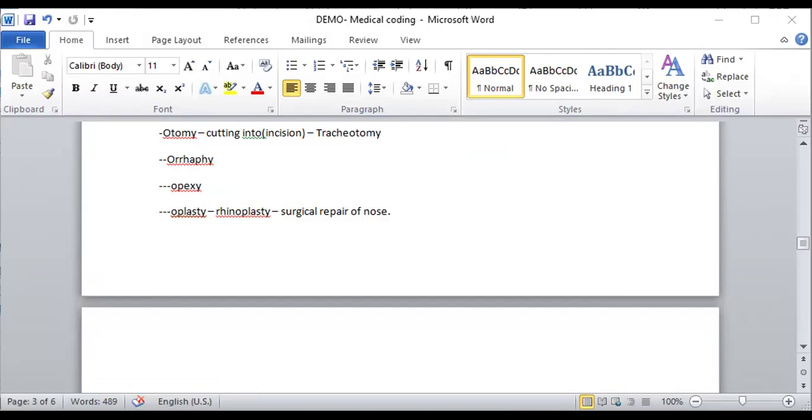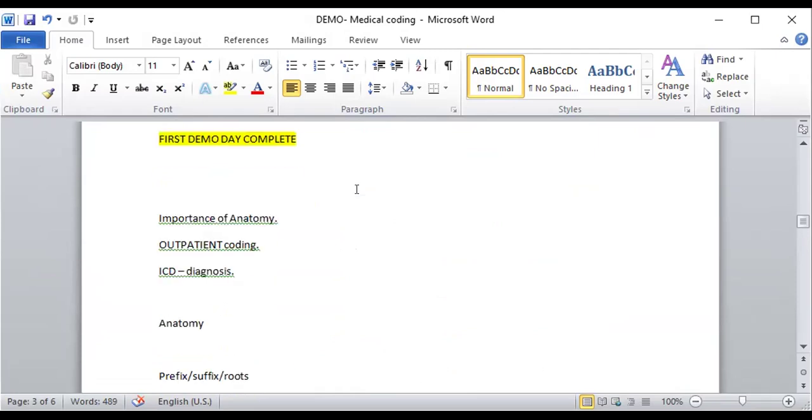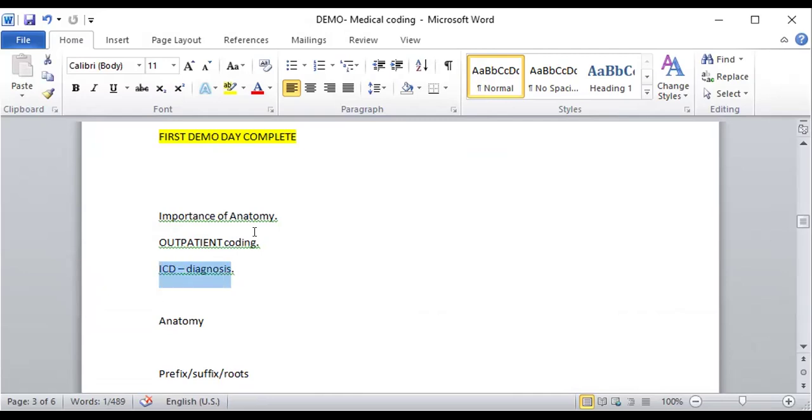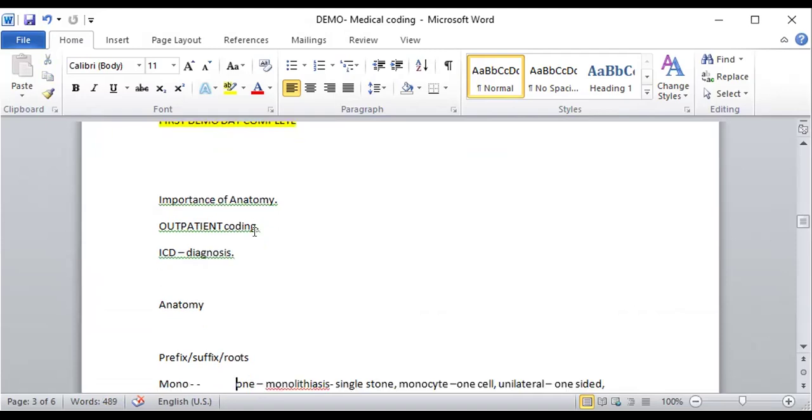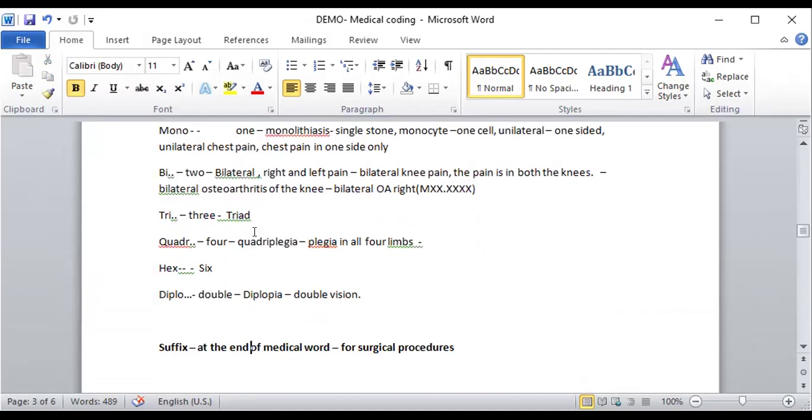Today we discussed the importance of anatomy. Anatomy is very important in surgical coding, outpatient as well as inpatient coding, and in the terms used by doctors in the diagnosis parts: prefixes, suffixes, and roots. Suffixes come at the end of the word.